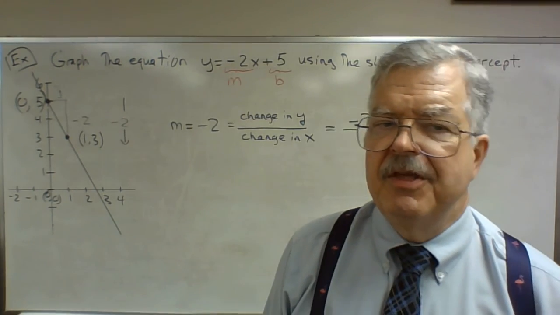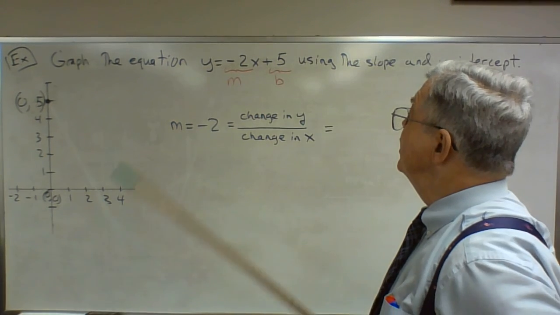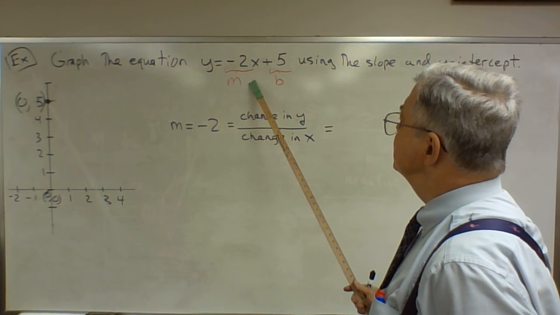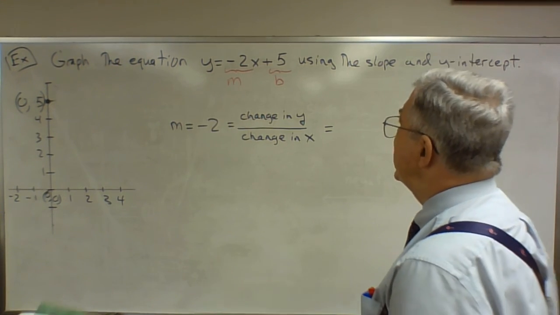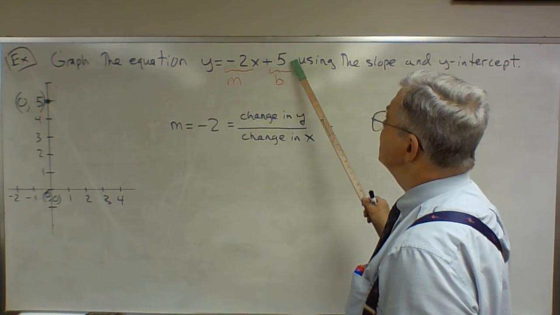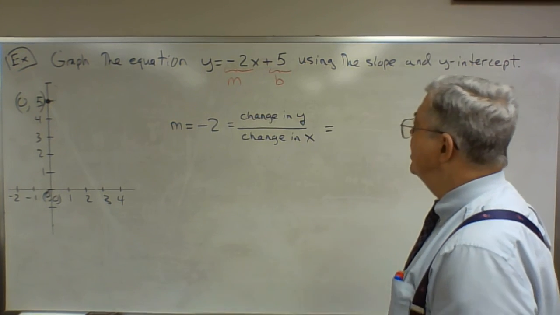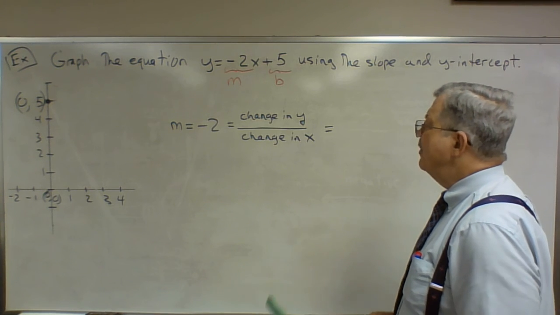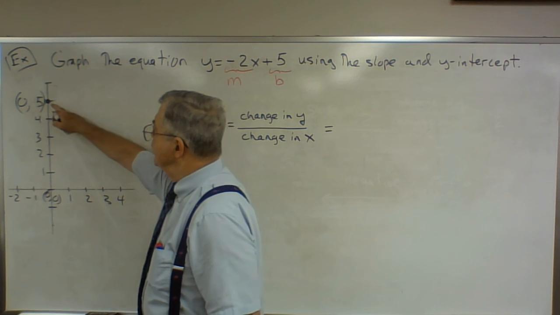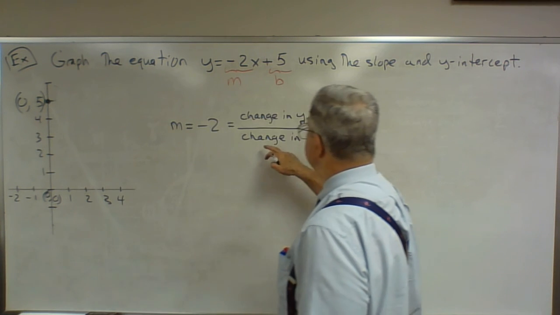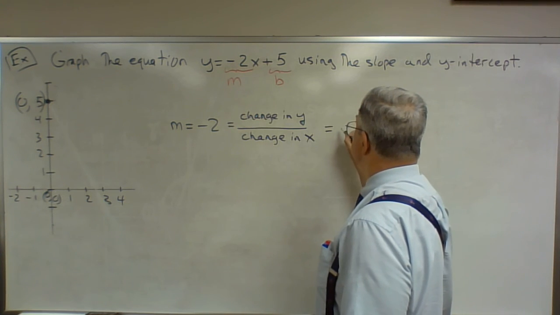Now, just like we did the other example twice, let's do this one again. We still have the same equation. And the y-intercept is 5. We plotted the y-intercept. And now we're going to move in such a way that as we go away from this point, the change in y over the change in x is -2.